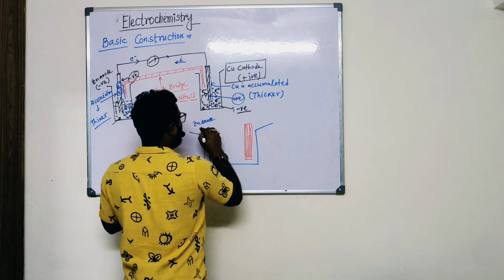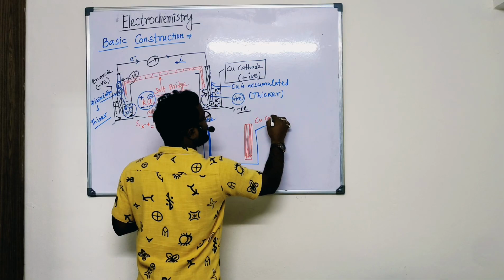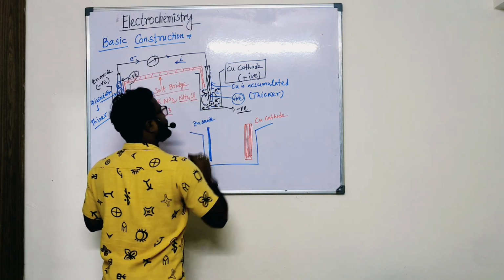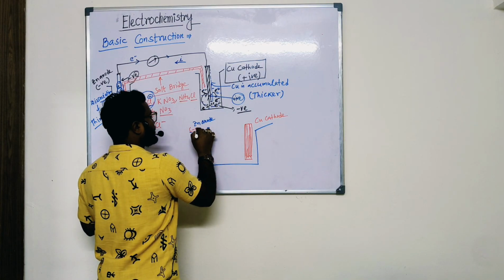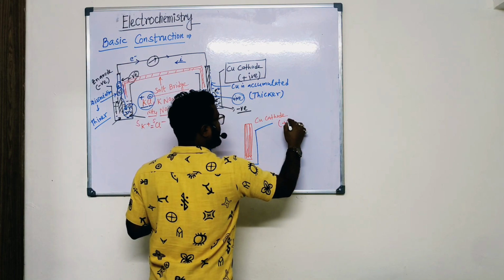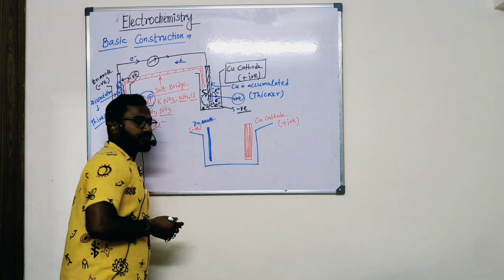So here we have zinc anode, here copper cathode. Here the zinc terminal we consider as negative, this we consider as positive. Why? We already discussed.